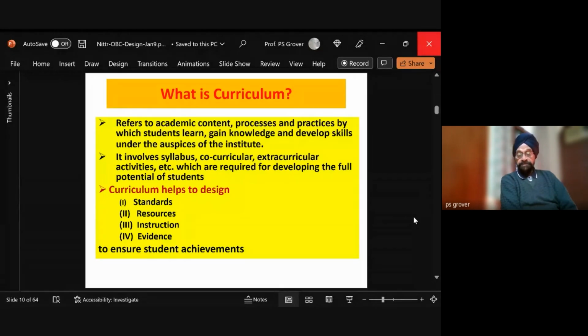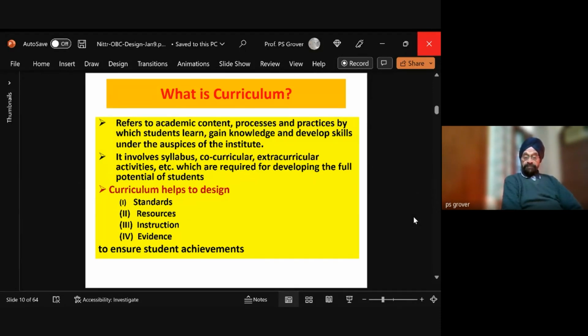Please appreciate that curriculum involves not only syllabus, it involves resources, and many other things which the institute has to give. It involves syllabus, curricular and extracurricular activities which are required for developing the full potential of the student.